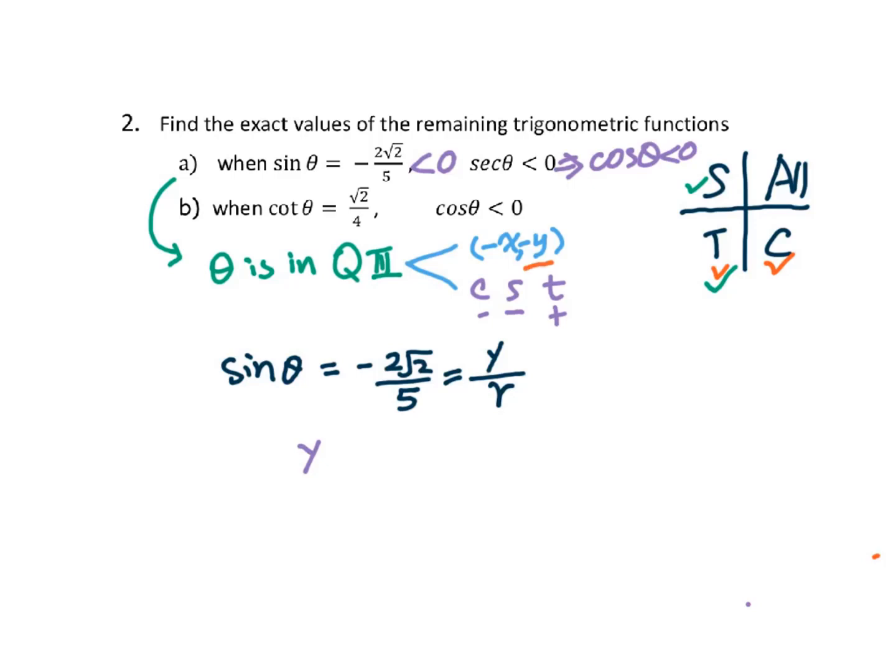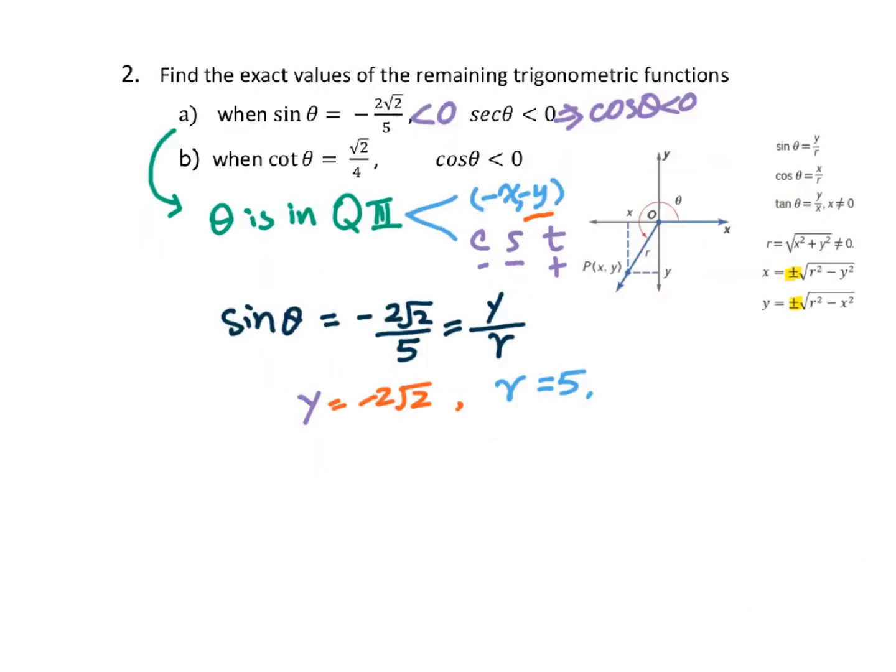Check over here, yes, that's right. So negative 2 square root of 2, and r equals 5. R is always positive. From the given formula, x will be negative.